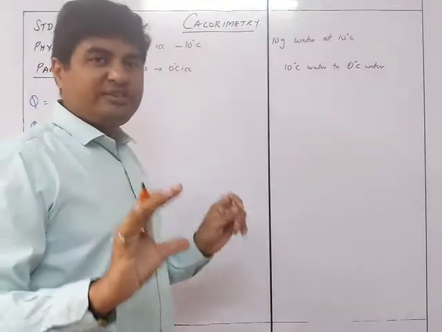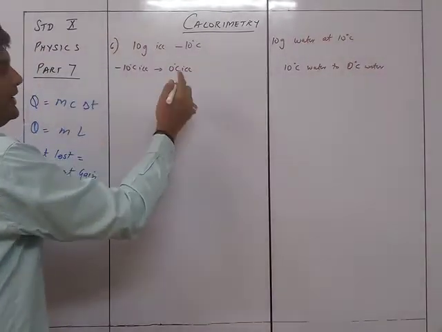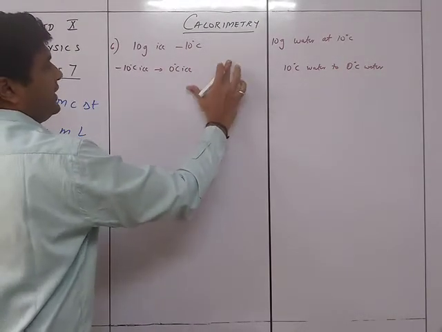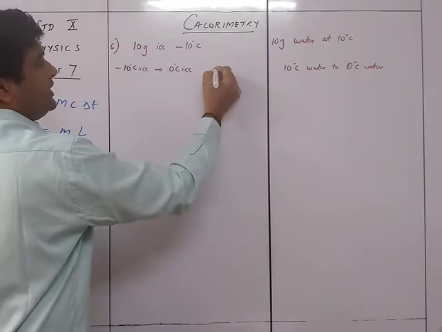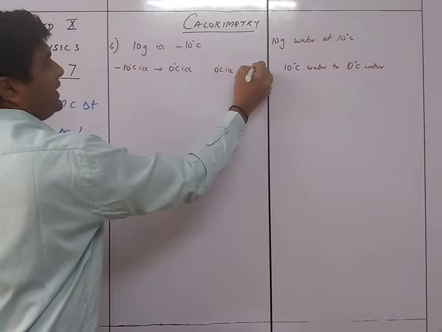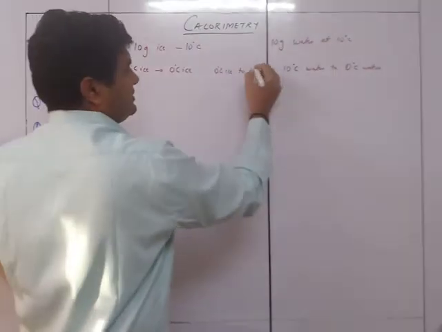That much has full chances of happening. So the only thing we don't know is 0 degree Celsius ice to 0 degree water, we are not sure what quantity is going to take place.